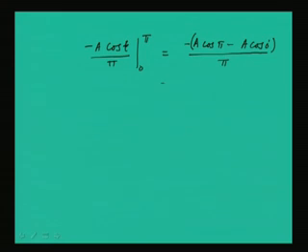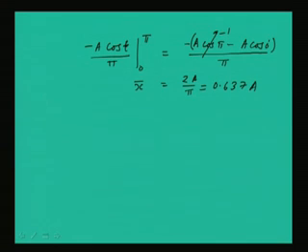So, you can see that this becomes minus 1. So, this will be 2a by pi, which is 0.637 of a. So, this is the average value of a sinusoidal signal for half cycle.